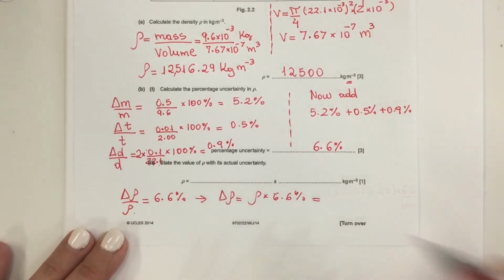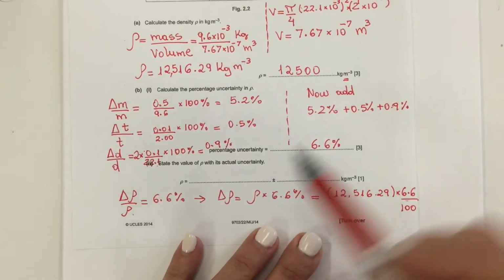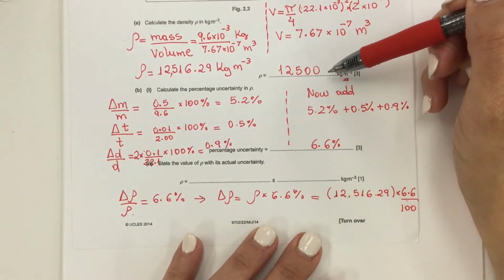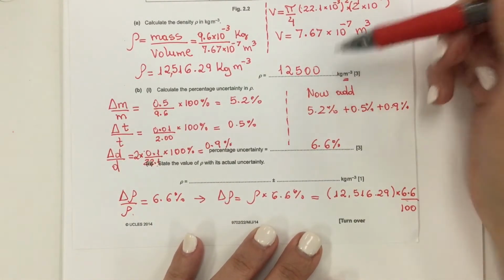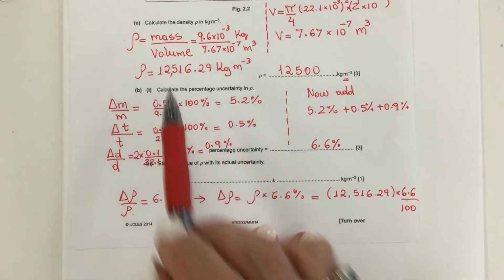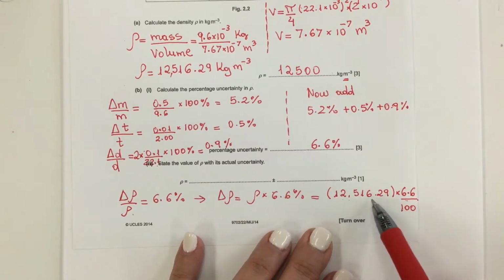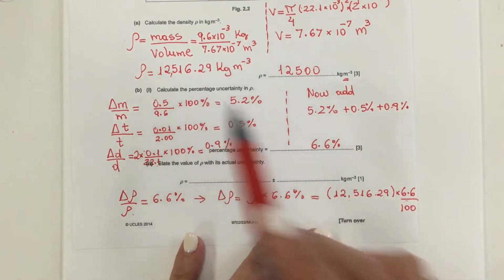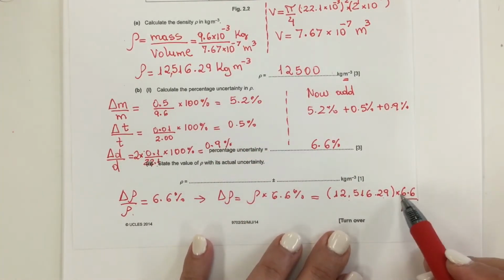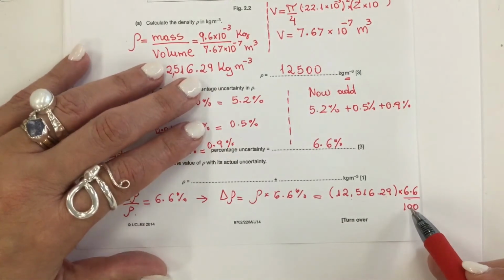Now, you are not going to use the rounded value to present this result. You are going to use the one that you did not round. So the rho is 12,516.29 that you calculated, times 6.6%, and now you have to divide it by 100.